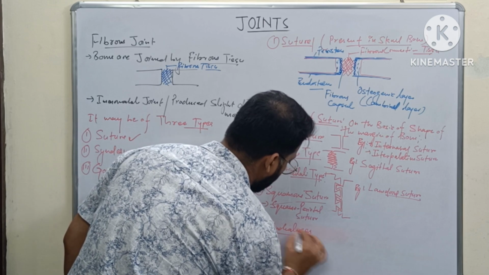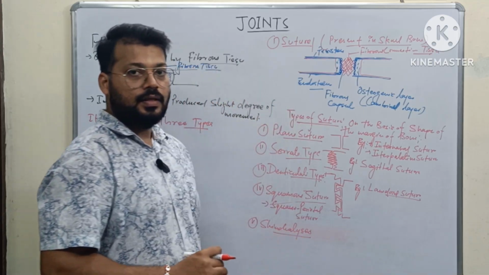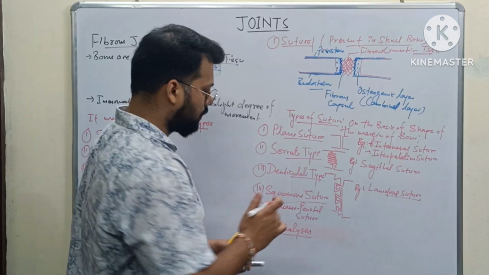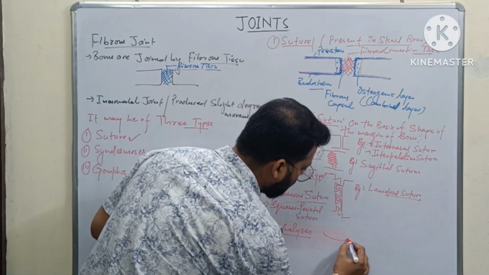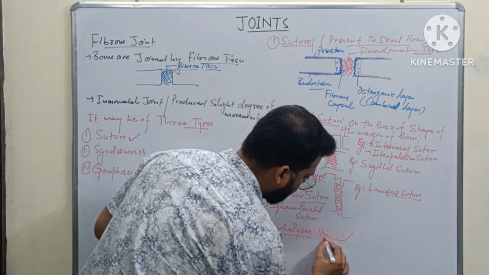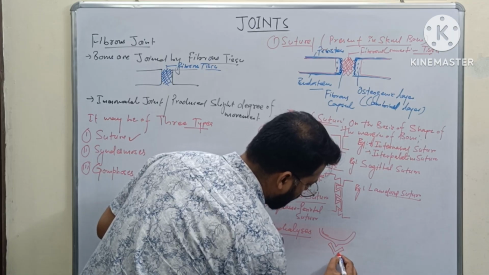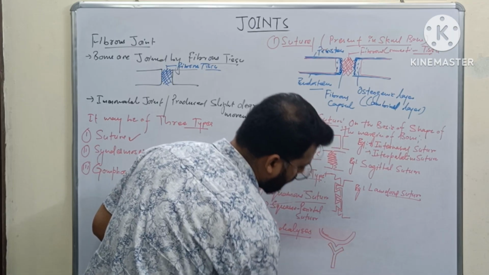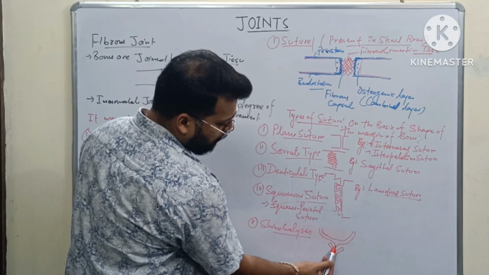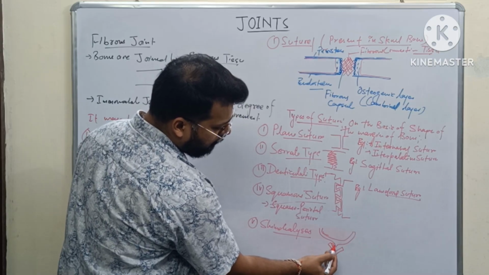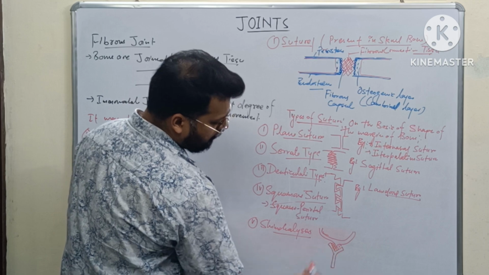Next suture is schindylesis. In schindylesis, the edge of one bone is fit into the groove of another bone. Okay. This is the edge of one bone which is fit into the groove of another bone, and this is joined by a fibrous tissue.